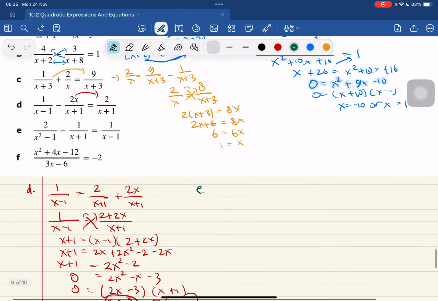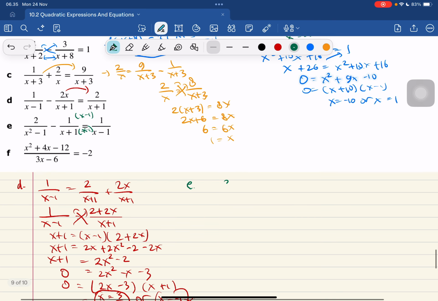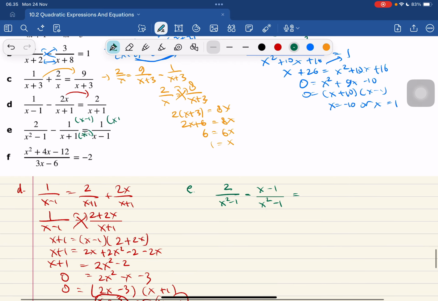Okay, here we can multiply this side by (x minus 1) over (x minus 1) as well. So it will be 2 over (x squared minus 1) minus (x minus 1) over (x squared minus 1) equal to, here we can multiply by (x plus 1), here also (x plus 1).